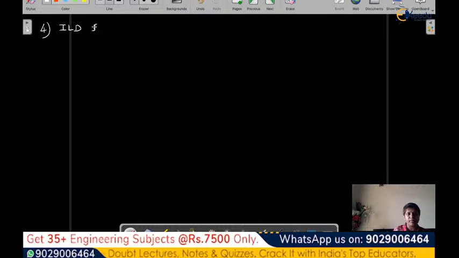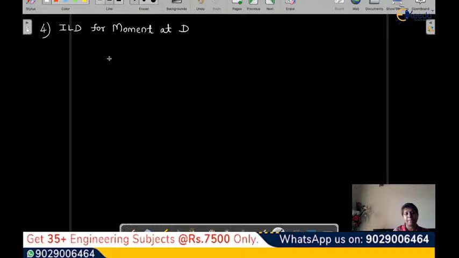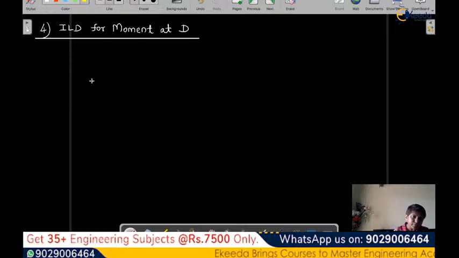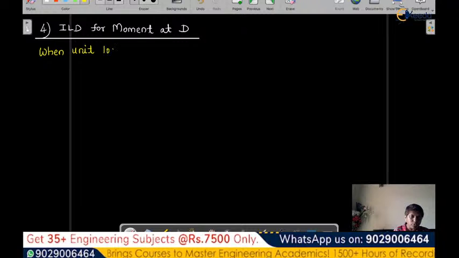Influence line diagram for moment at D. Now when we want to find the influence line diagram for moment at D, let's again consider the same cases. When unit load is in AD.